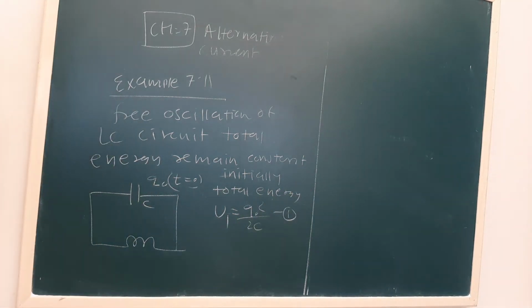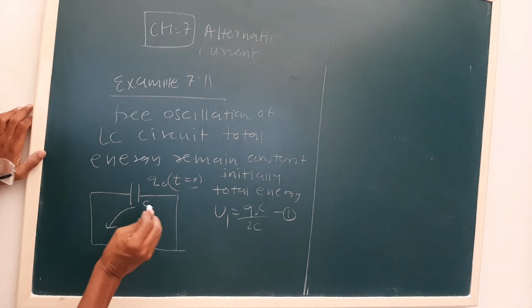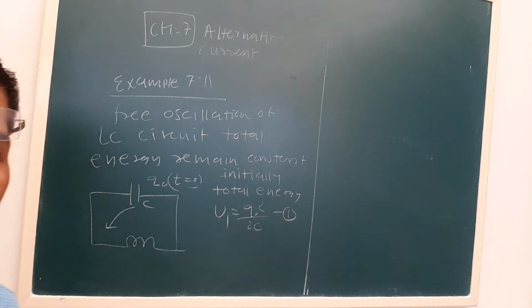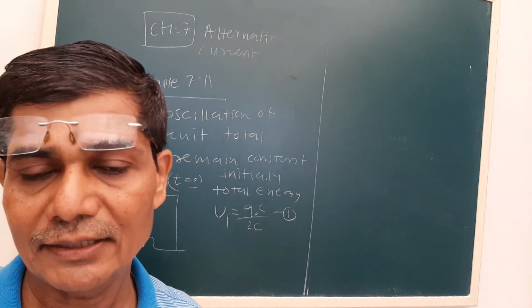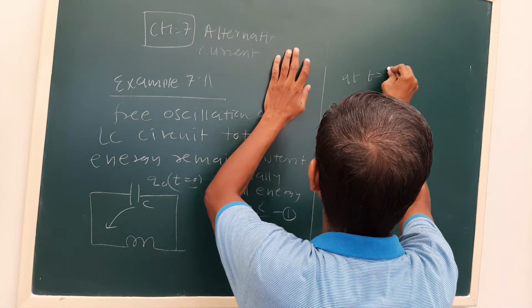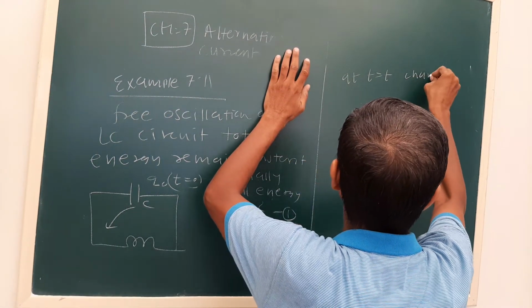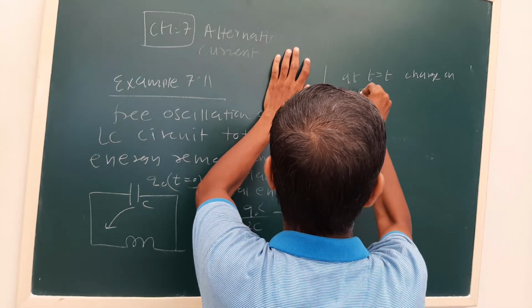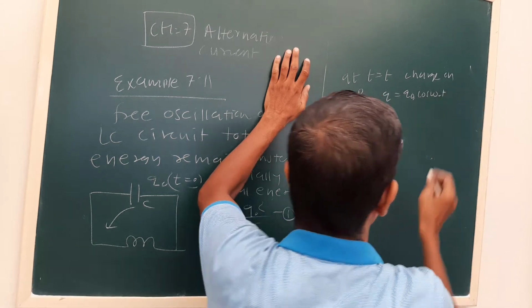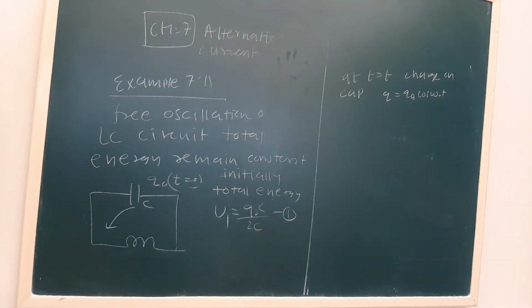Let us say Q0 is the initial charge. As the time passes, the capacitor discharges. Now the energy is in two forms: one is the electric field and second is the magnetic field. Now at time t, the charge on the capacitor is Q equal to Q0 cos omega 0 t. That we have seen while discussing the theory.